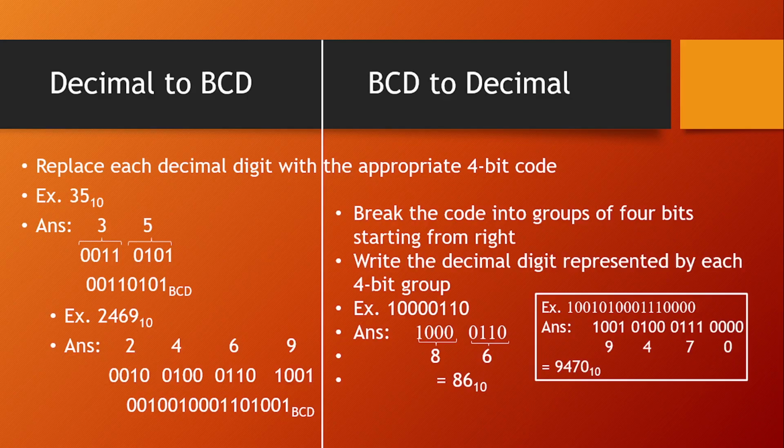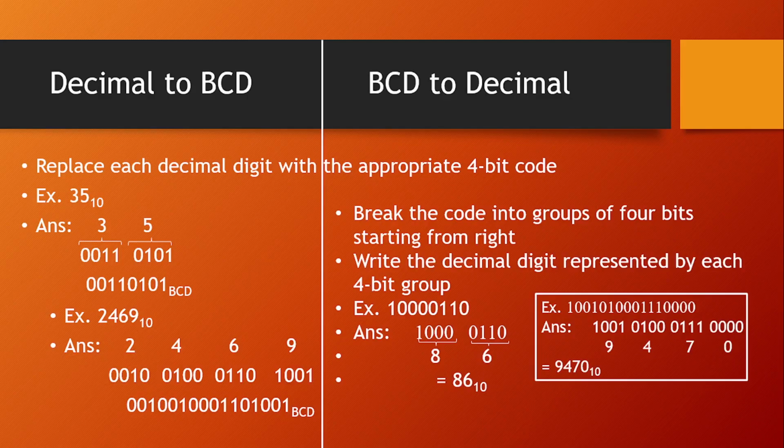So 0010 will be the 4-bit equivalent for 2. And in this way, the BCD equivalent of 2469 is 0010 0100 0110 1001.